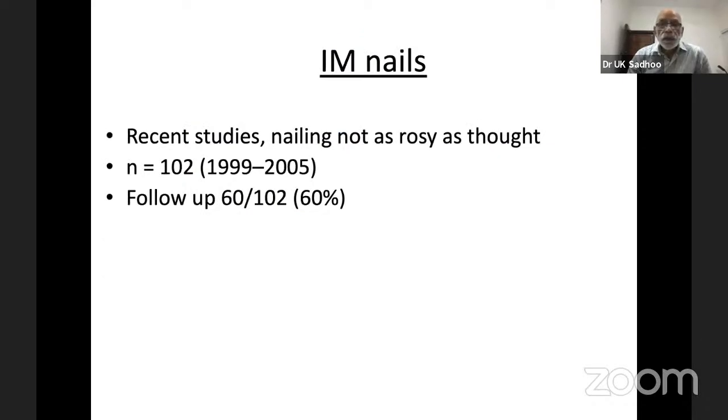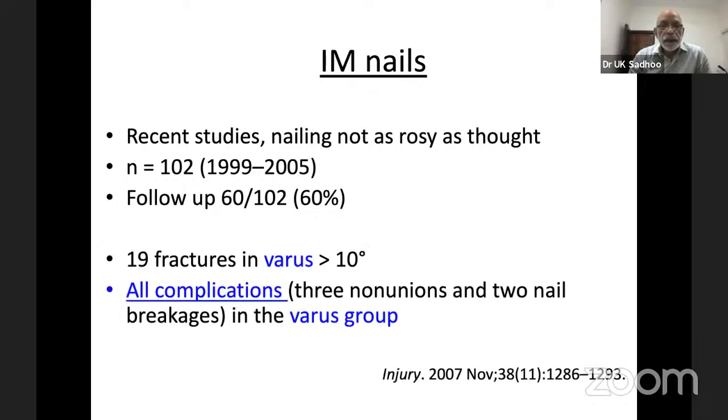Now, even though nails are preferred options, they are not without problems. In one study, it was found that the problem of varus creeps up even with nails, and all the complications are secondary to the varus. So it is not as if nails are immune to varus positions.